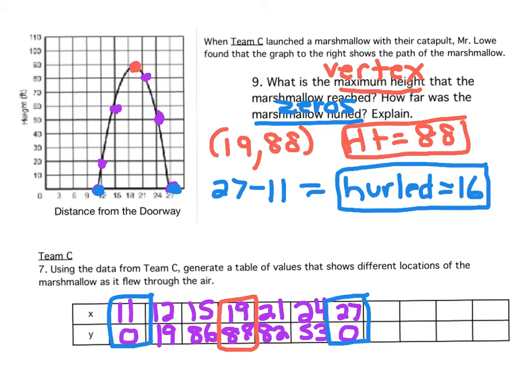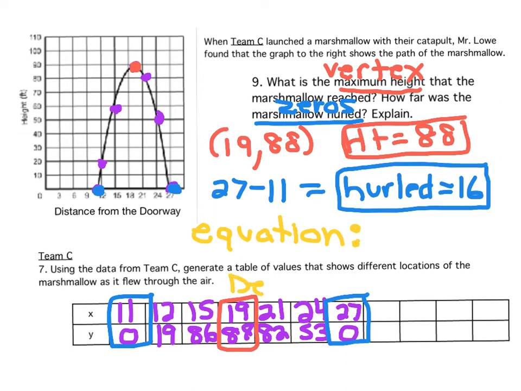Now, this is based off of our graph, which we said was closer to an approximation. So from there, to help check our work, let's get the equation using our table of values.